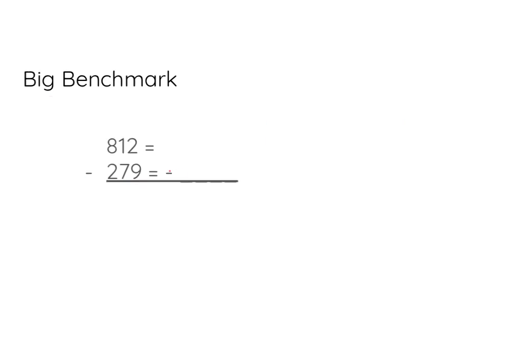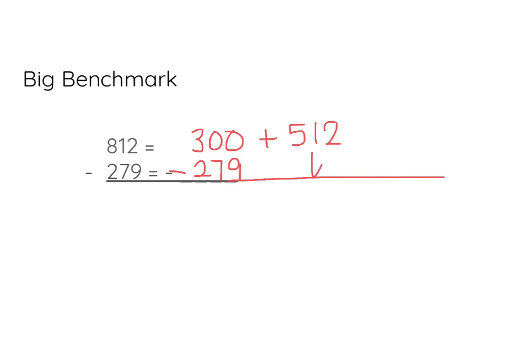Now let's try the same problem with the big benchmark. So put your minus 279 and think 279's next 100 equals 300. Add to rename, so I need a 500 and a 12. You're just going to bring that 512 down. Now remember, we're going from 279 all the way to 300.